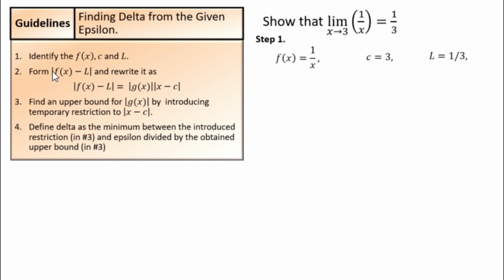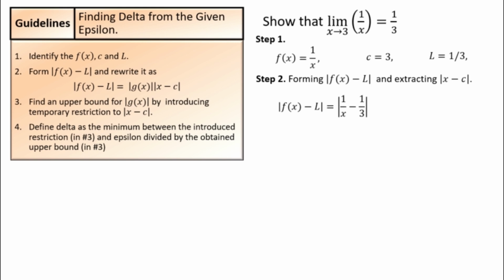So the guidelines in justifying or finding the delta from the given epsilon: step 1 is to identify f of x, c and L. Then step 2, form the absolute value of f of x minus L and extract the absolute value of x minus c from that.